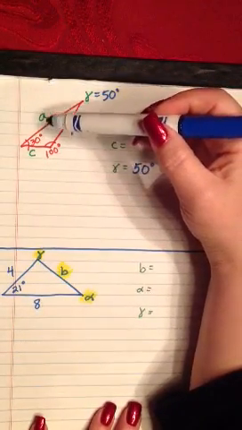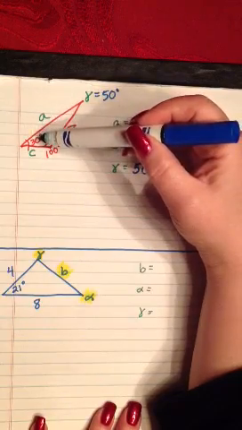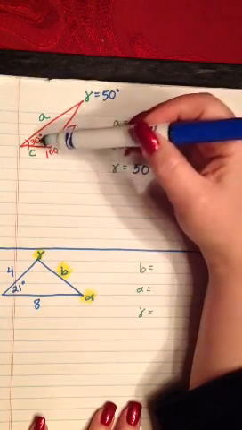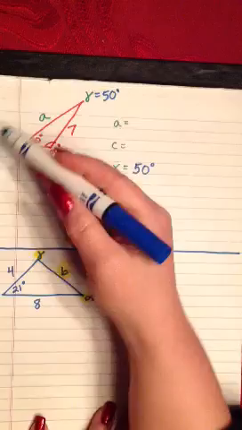I know that this angle is 30, and so I know an angle on its opposite side. So I can begin from there.